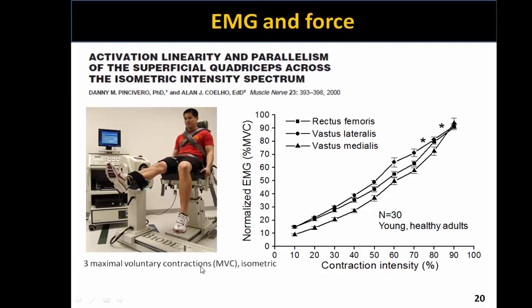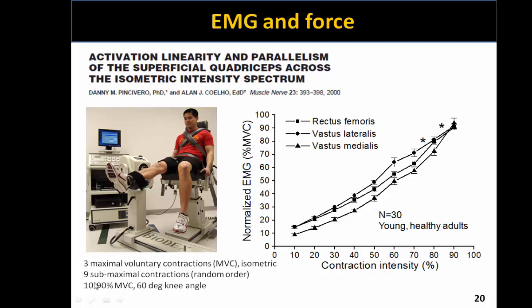The 30 participants performed 3 maximal 5-second contractions, very brief efforts, to establish their MVC. They then performed a series of 9 submaximal knee extensor contractions in a random order that ranged between 10 and 90% of their maximum voluntary contraction.